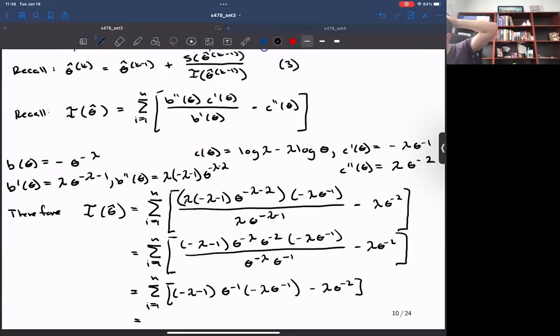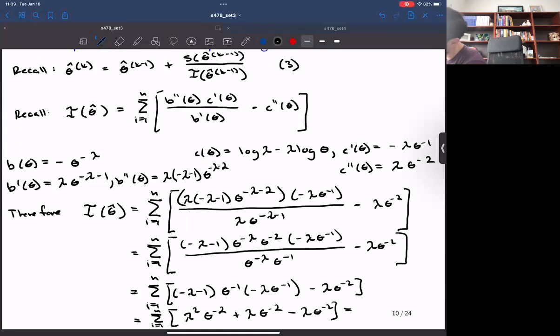So then we're going to have, oh yeah, very close now. Okay, so then what we're going to get is lambda squared theta to the -2 plus lambda theta to the -2 minus lambda theta to the -2.